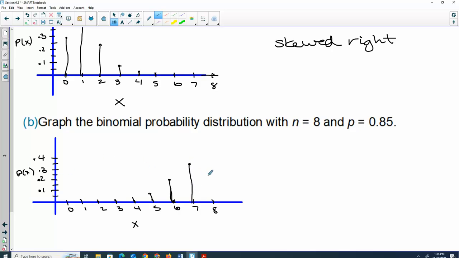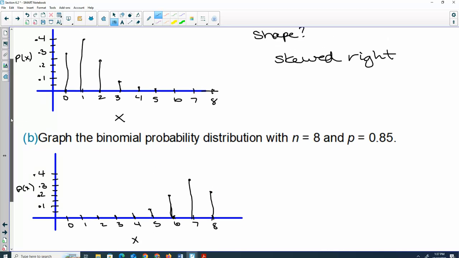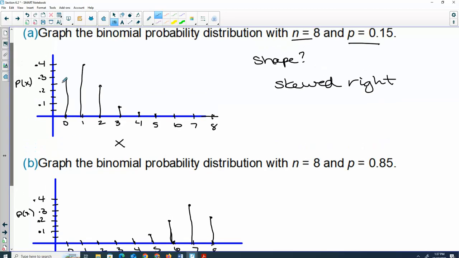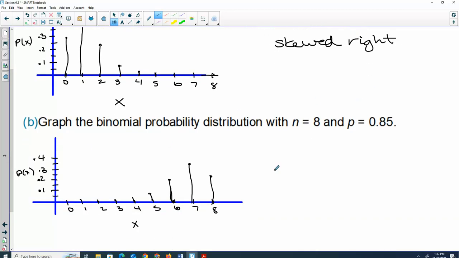Do these numbers sound familiar at all? Those are the exact same numbers we graphed up here, we just flipped them because the complement of 0.15 is 0.85. And so when the p is switched, it just switches the graph. This one is skewed left.